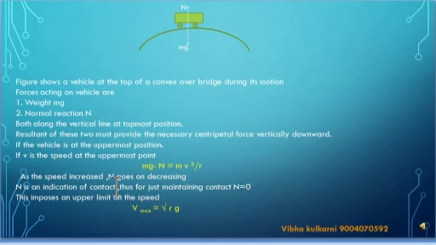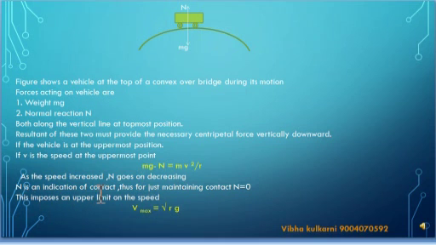As the speed increases, n goes on decreasing, isn't it? See the equation carefully so you can understand what I am saying. If we increase speed, what will happen here? On the left hand side, n is negative, so it will decrease.